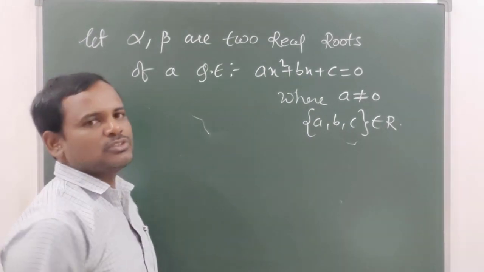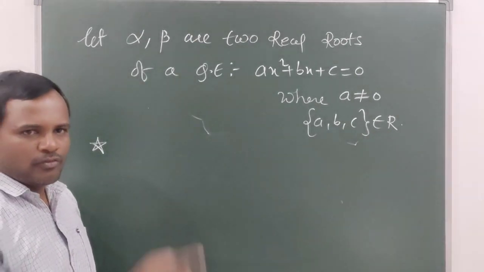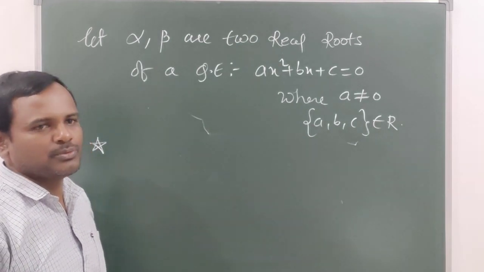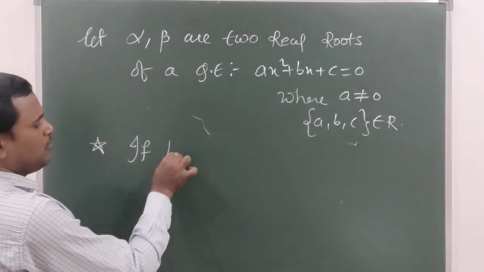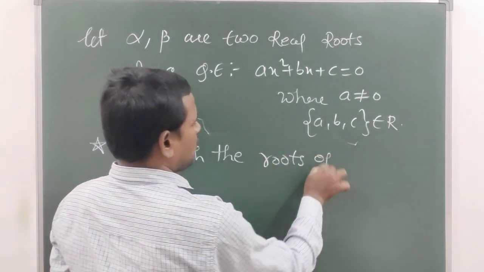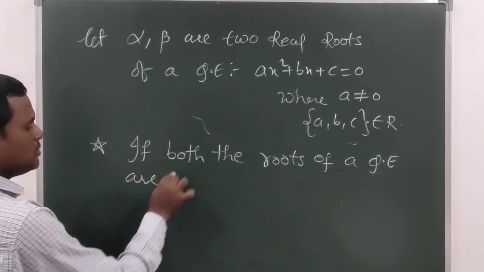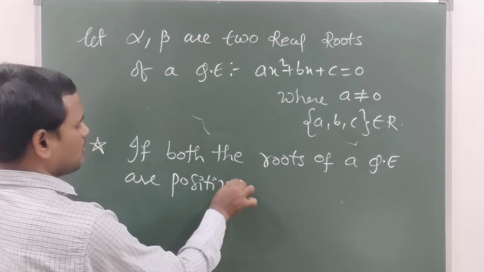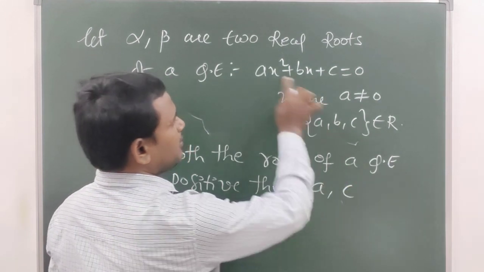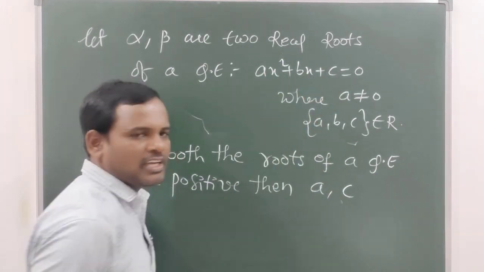Now see the first property. If both the roots of this quadratic equation are positive, then a, c, where a, b, c are coefficients of terms of this quadratic equation.